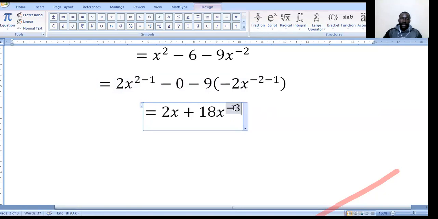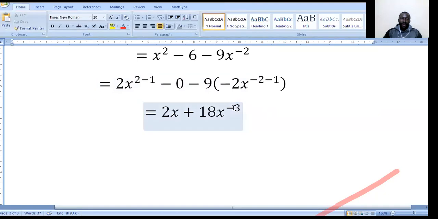Like that. So from here, we could stop here, or we could simplify it further. There is one more step we could include. And what's that step?